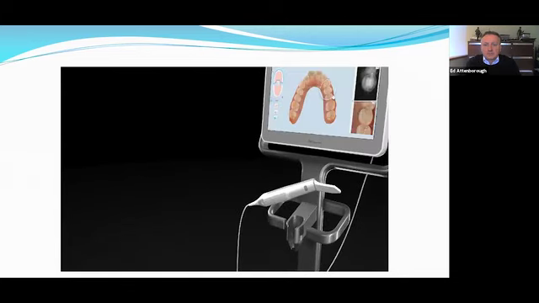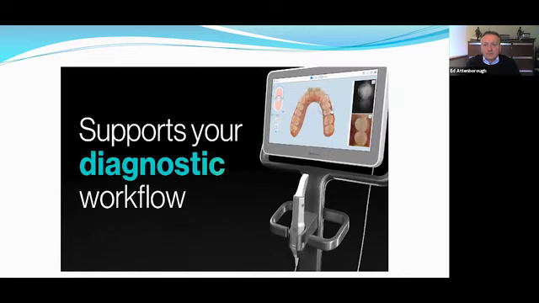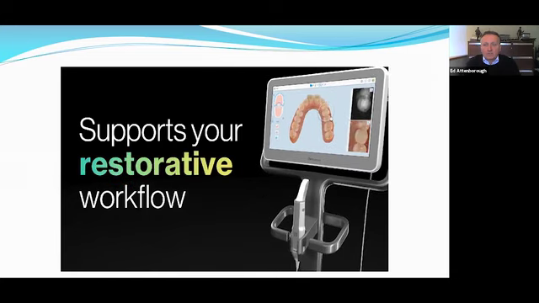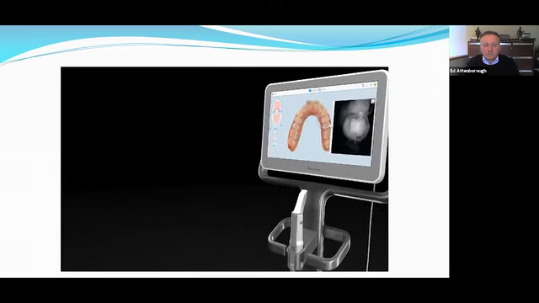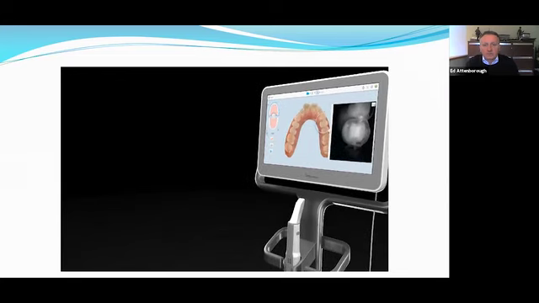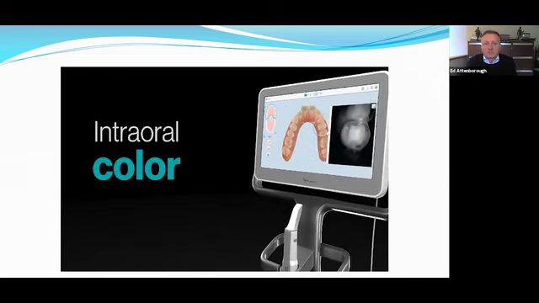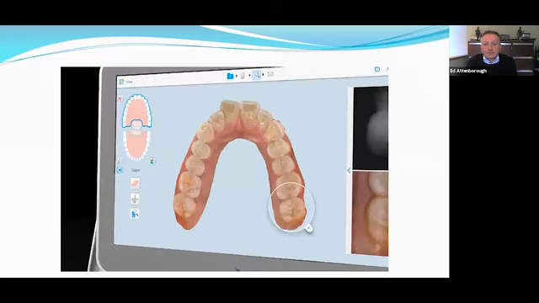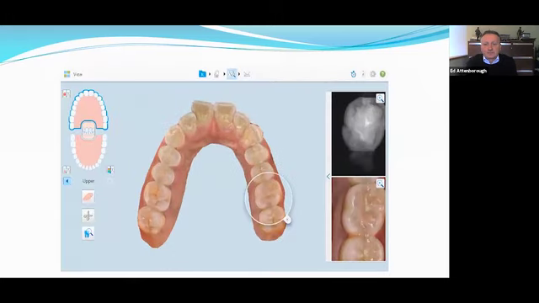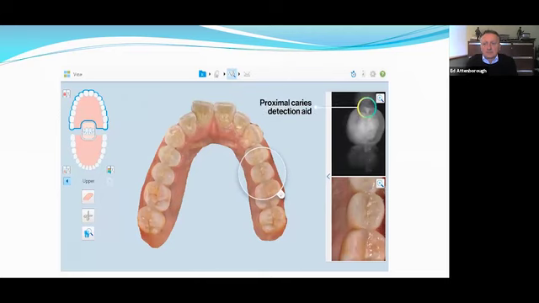I provide you powerful tools to aid in your diagnostic, restorative, and orthodontic workflows. I'm the first integrated dental imaging system that simultaneously records 3D, intraoral color, and near-infrared images and enables comparison over time using iTero time-lapse. NIRI helps you see your patient's internal tooth structure to aid in detecting and monitoring the progression of proximal caries from multiple angles.